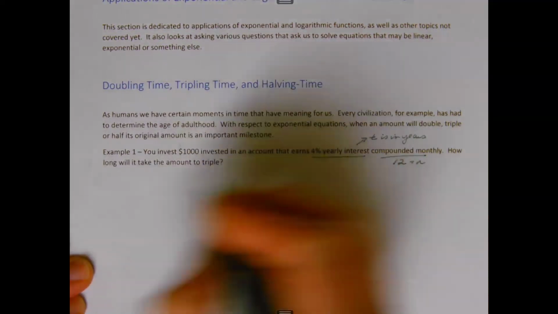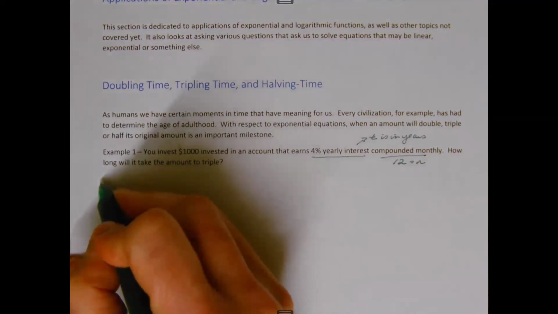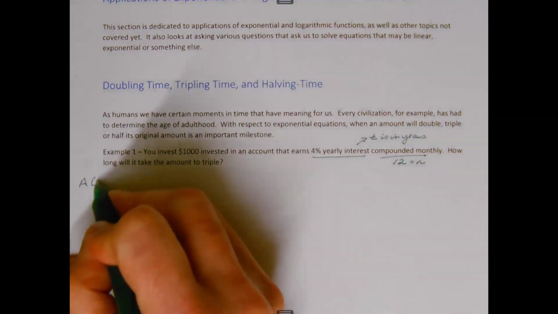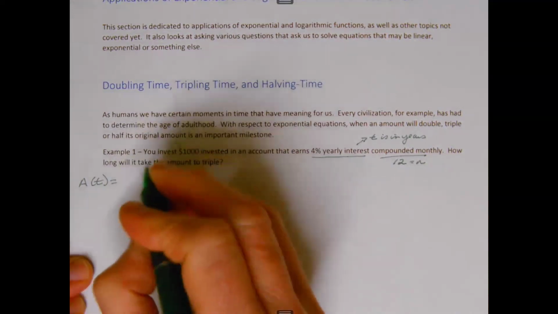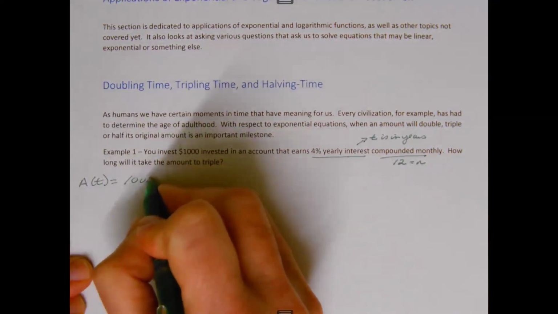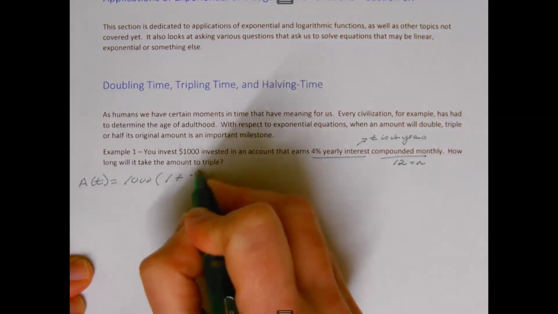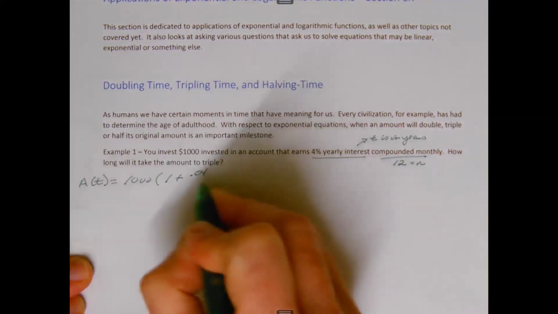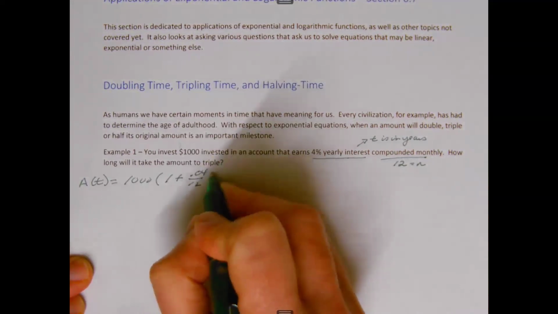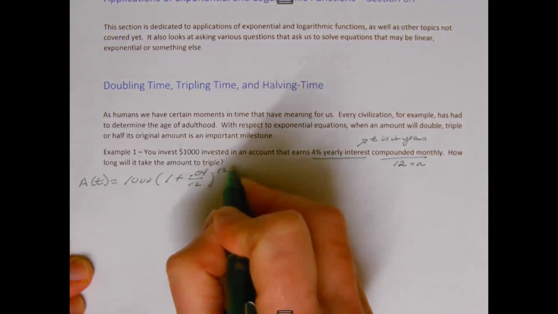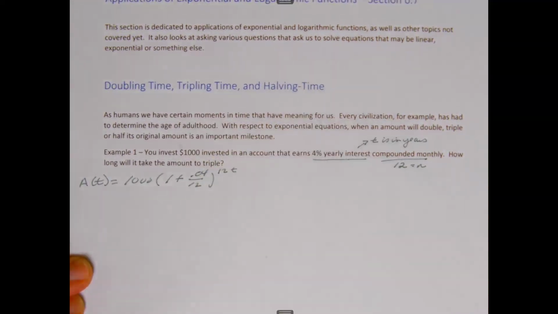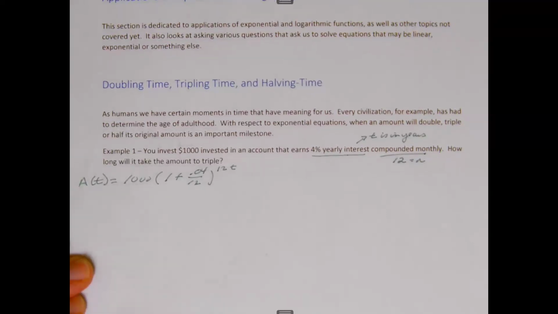All right, so let's first start with writing our equation, start putting the pieces in place. What I'm investing is 1,000. I have a 4% yearly interest rate, compounded monthly, so it's 12. And there's my equation for compound interest.